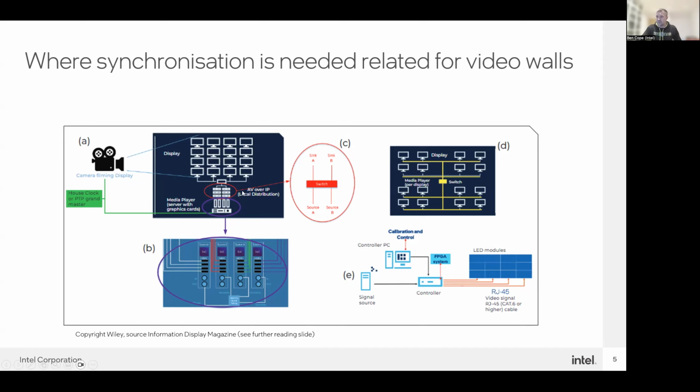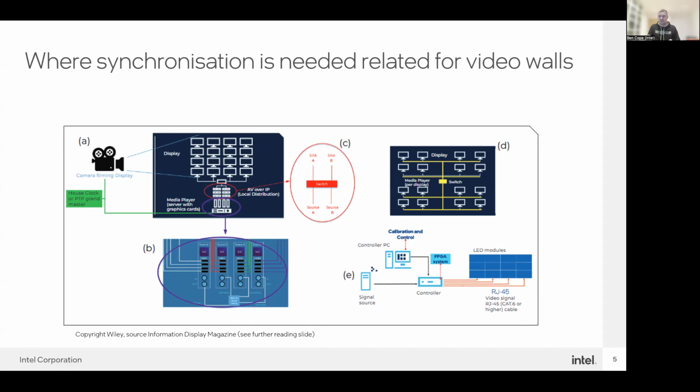Secondly, for these centralized media servers, this picture below depicts graphics cards, each with multiple outputs. What you typically do on these graphics cards to synchronize them is pass cables or wiring between them to tie the clocks and the video timing together. Thirdly, you have these AV over IP networks, where you generate these outputs, but an HDMI cable cannot be very long, right?